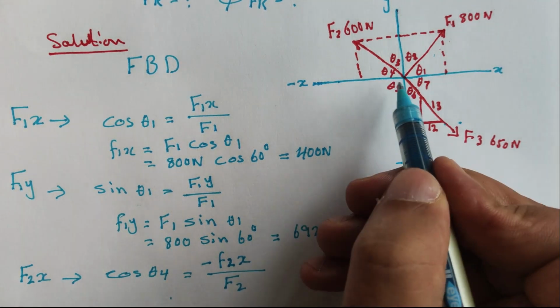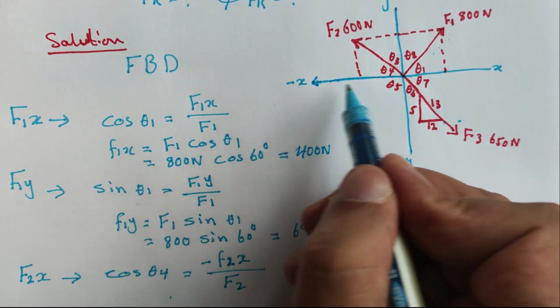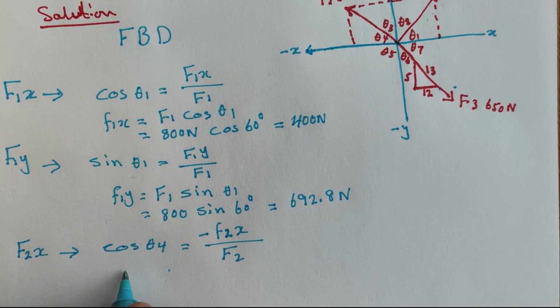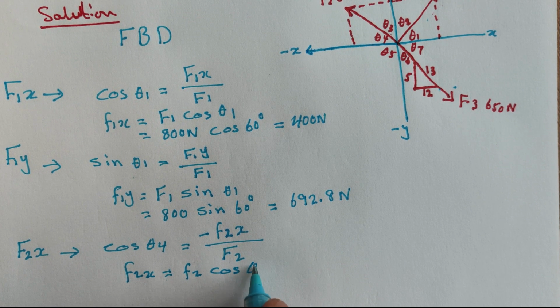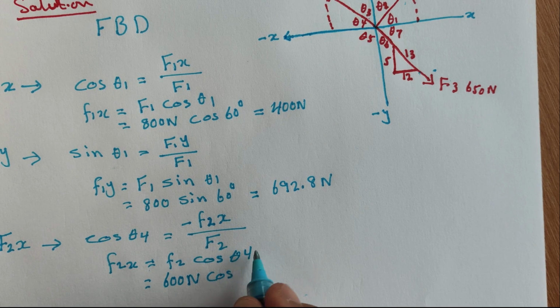Why is it negative? Because the x component of the force is on the negative x-axis. So solving for F2x equals F2 times cos theta 4, where F2 is 600 Newton and theta 4 is 45 degrees.